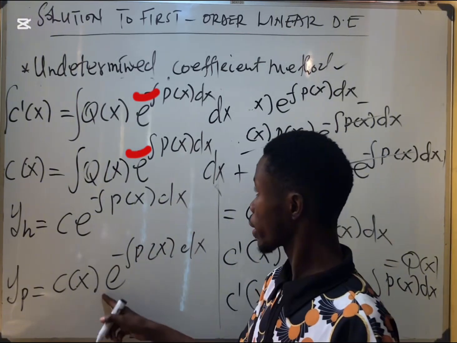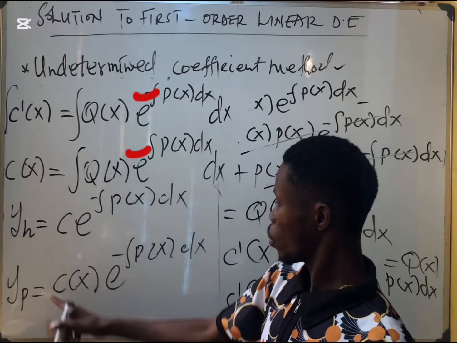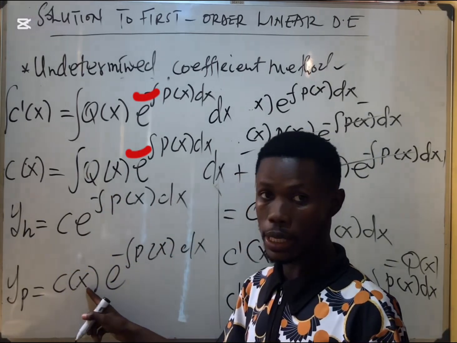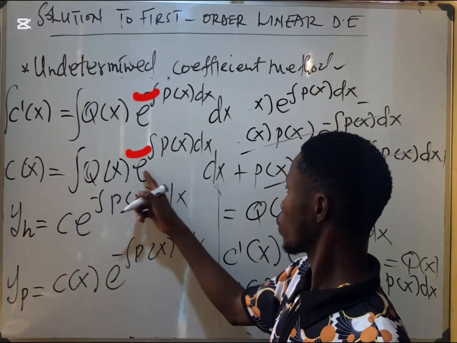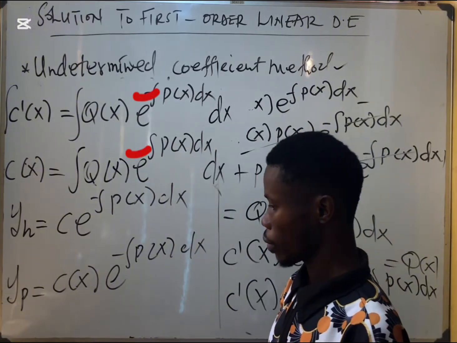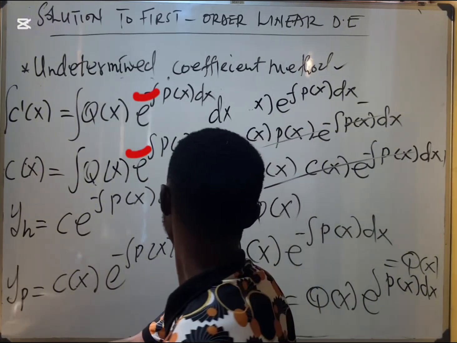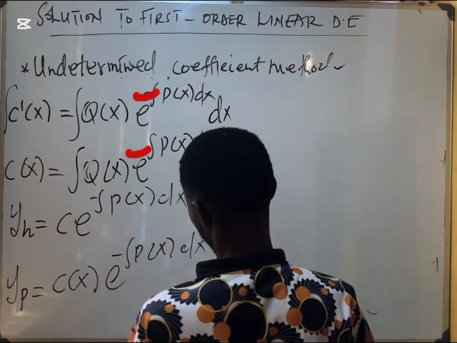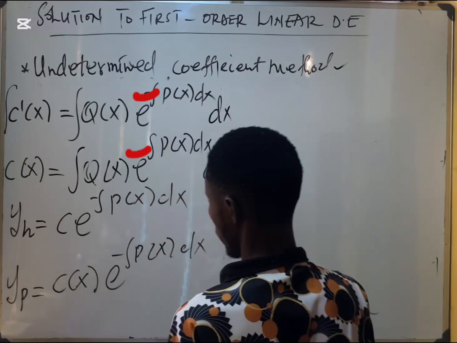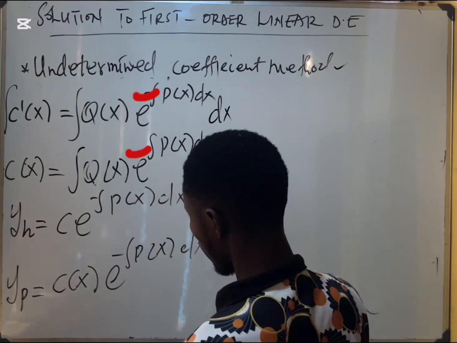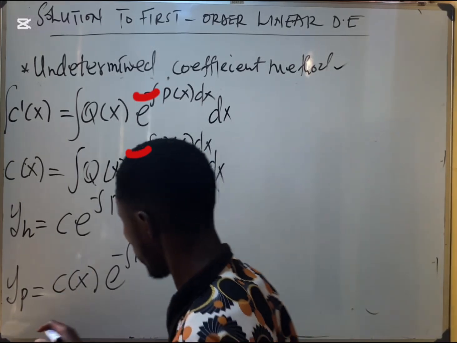Now this c of x is what we just worked for. So the whole of this here, c of x, is going to be replaced by the whole of this one. So when I do that, let me write it down here.